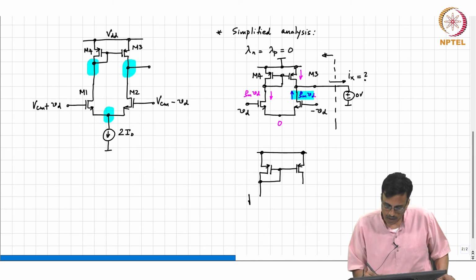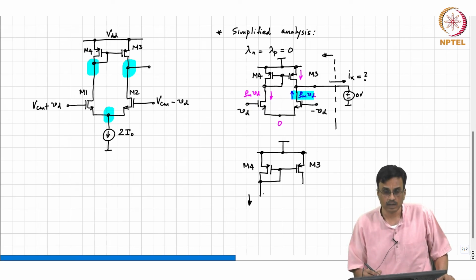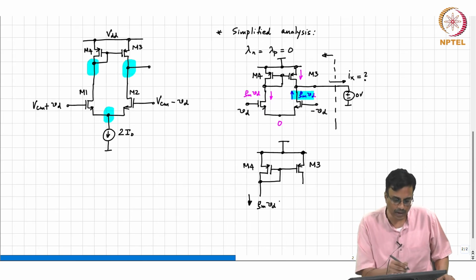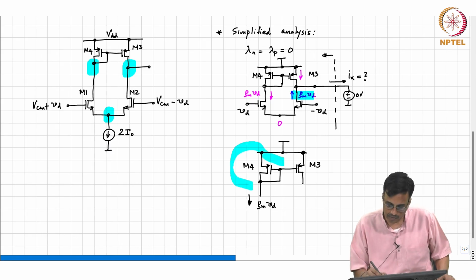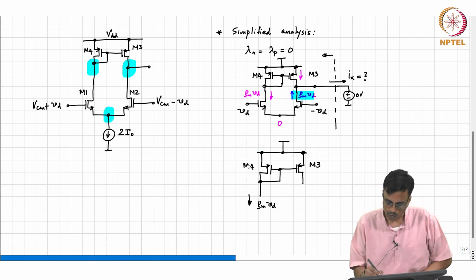So what is the current flowing here? This is M4, this is ground, this is M3. So what is the incremental current flowing down? Gm Vd. Okay. So incrementally, by now you should know what the incremental equivalent of this character is. It's a resistor of value 1 by Gm P.